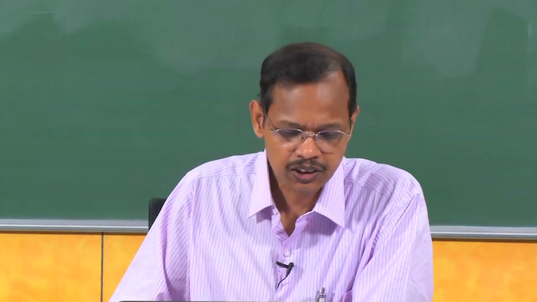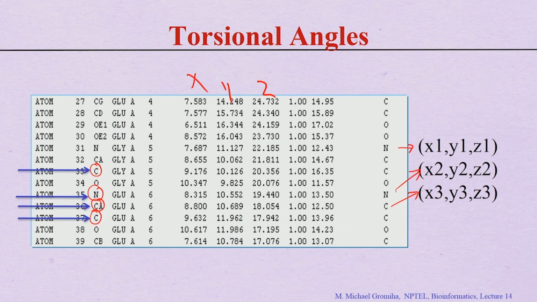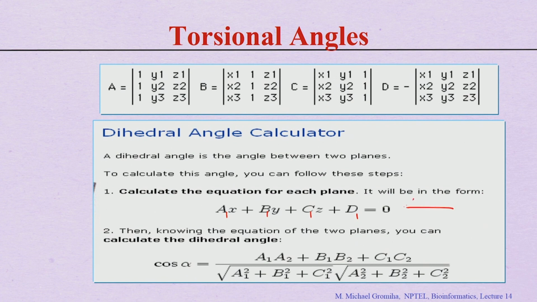What is the equation of a plane? a1x plus b1y plus c1z plus d1 equal to 0. a1, b1, c1 and d1 you can calculate using determinants, with the rows x1 x2 x3, y1 y2 y3, z1 z2 z3 giving a, and likewise you can calculate b, c and d. Because all the coordinates are known, all the numbers are known, and you can form this equation for plane 1.